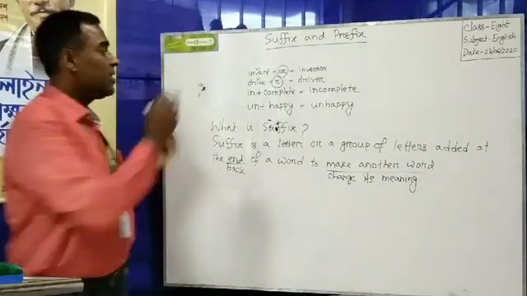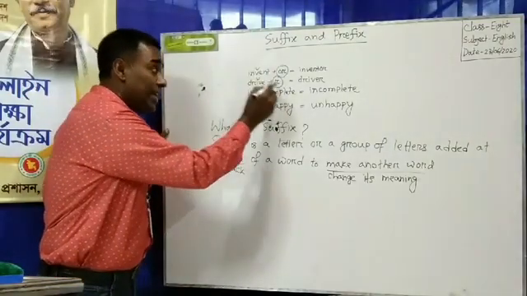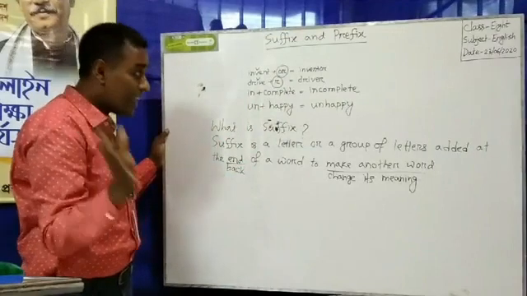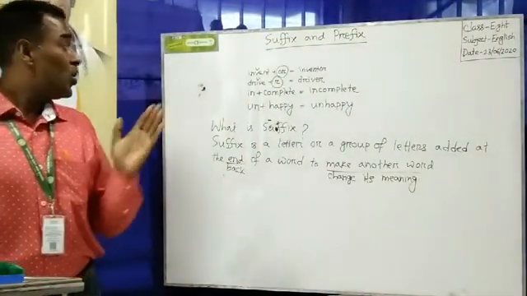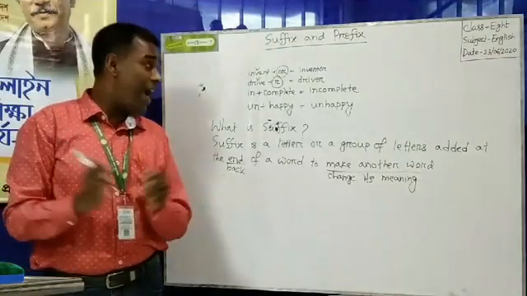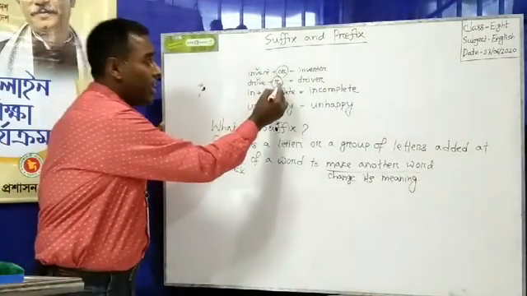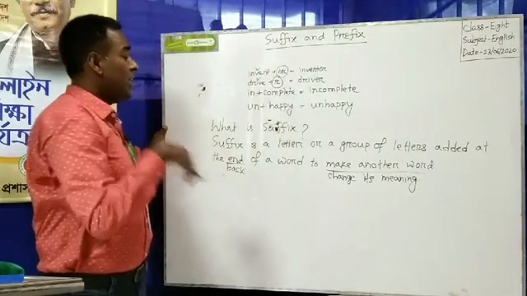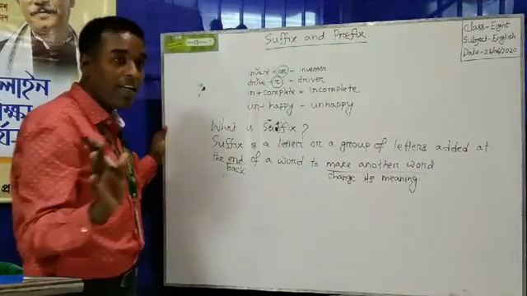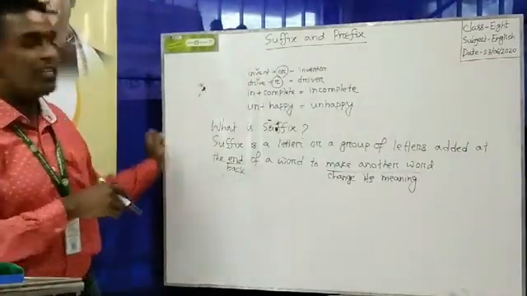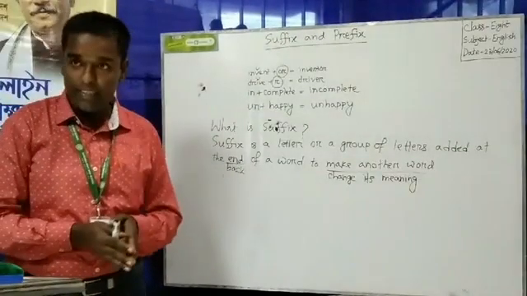That means this letter or a group of letters is called suffix. Dear learners, when we add a letter or a group of letters at the end, that means at the back of the root word, it is called suffix. Hope you have got the point.